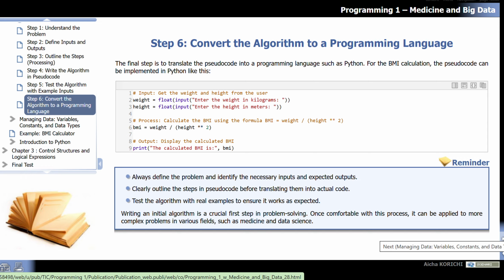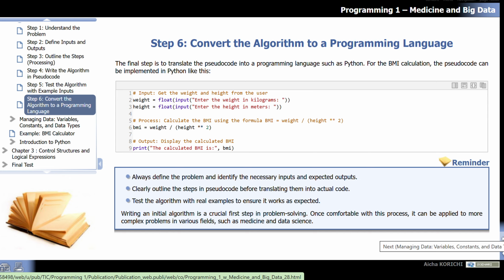This intermediate is the programming language. So we need to translate the pseudocode into a programming language such as Python. For the BMI calculation, the pseudocode can be implemented in Python like this.